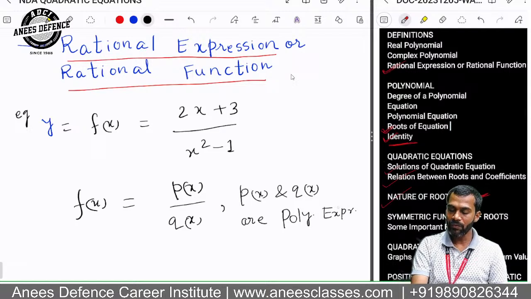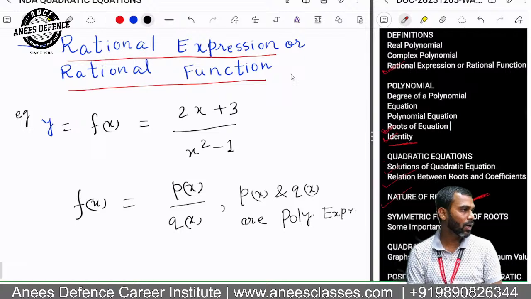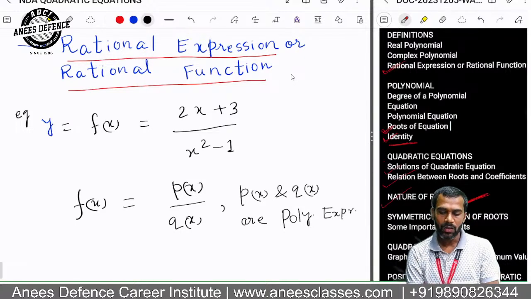In function, we will see in detail how we can find the range of this rational expression, especially if quadratic upon quadratic is there, or any combination of linear and quadratic expression. So we'll see in function how we can find the range of these types of expression. But you should know what is a rational function and what is a rational expression.